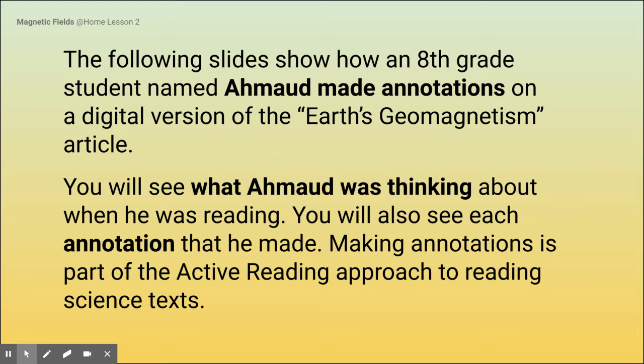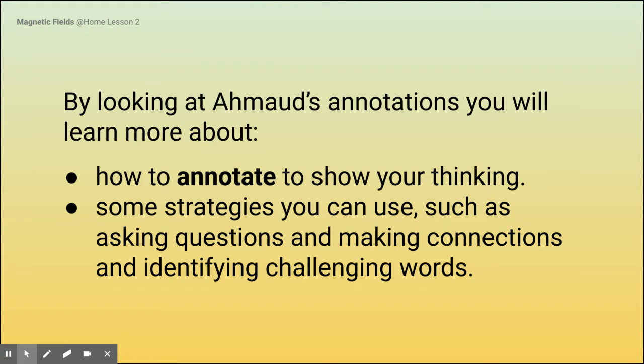The following slides show how an eighth grade student named Amund made annotations on the digital version of Earth's geomagnetism article. You will see what Amund was thinking about when he was reading. You will also see each annotation that he made. Making annotations is part of the active reading approach to reading science texts. Whew, that's a lot.